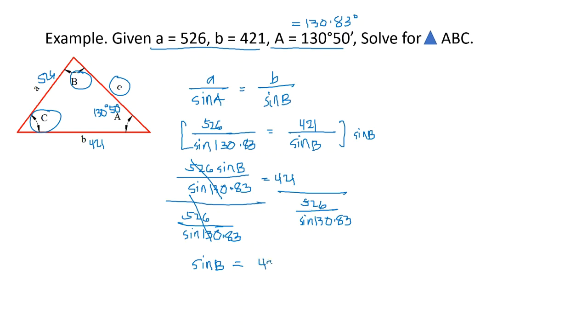So we have 421 sine 130.83 divided by 526. In this case, B is still not isolated, because we still have the sine.